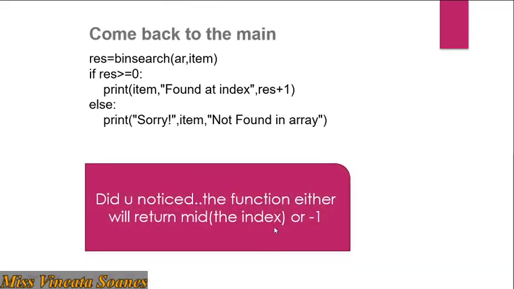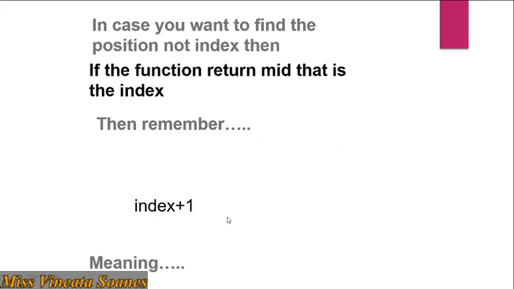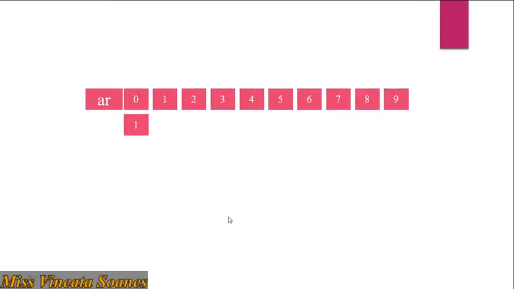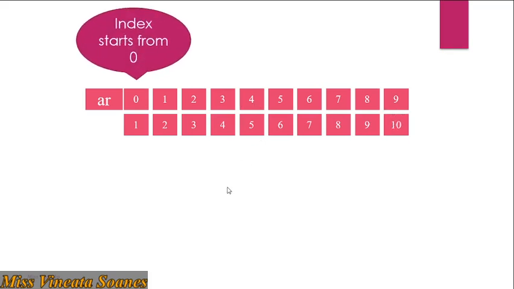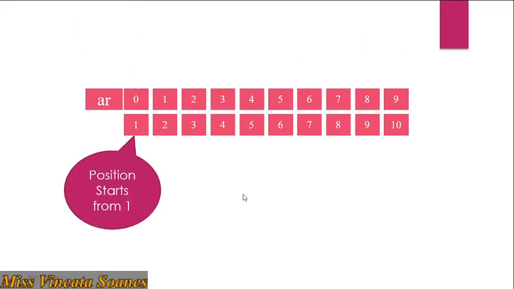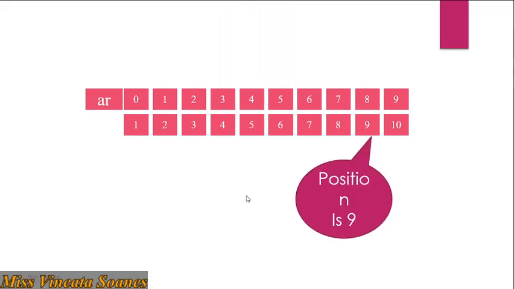Why do we give plus 1 for the position? If you still remember, the position does not start from 0, it starts from 1. So if you are returning 4, your position will be 5. The index starts from 0 and the position starts from 1. Remember that. If mid returns 8, the position will be 9. If you want to print 8 straight away, you can just put res.